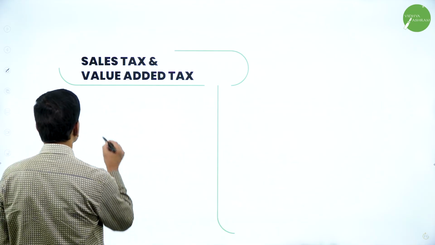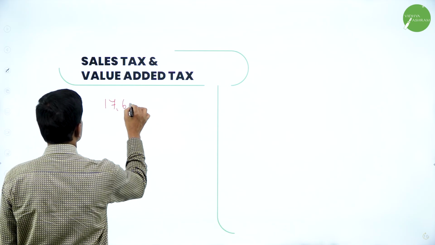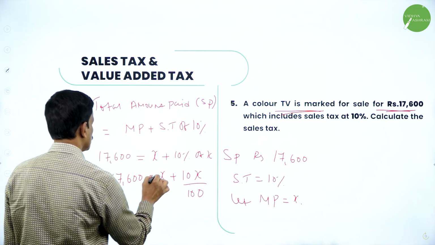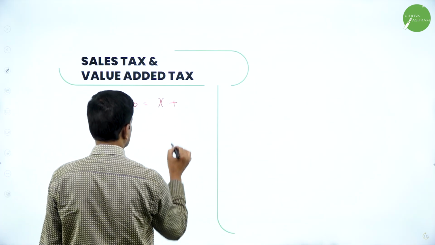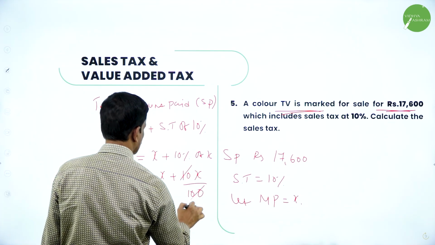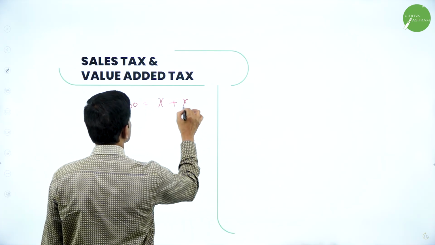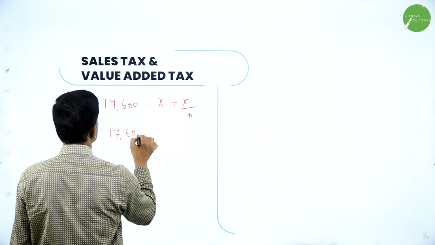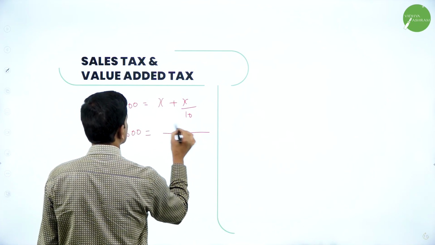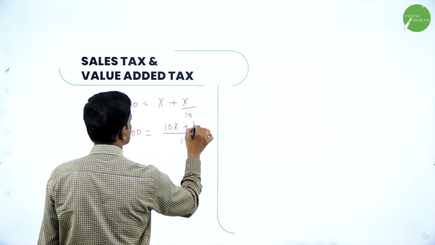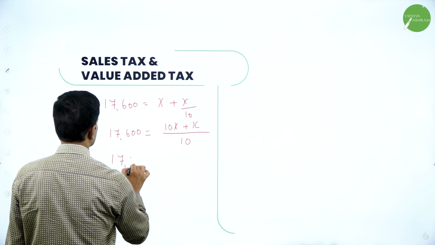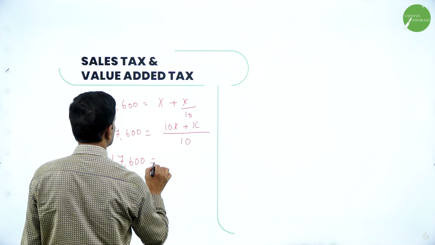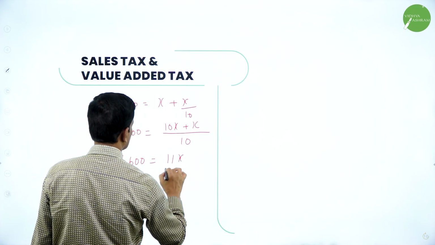So 17,600 is equal to X plus X divided by 10. So take LCM and simplify. 17,600 is equal to 10x plus x, over 10, the LCM. 17,600 is equal to 11x by 10.